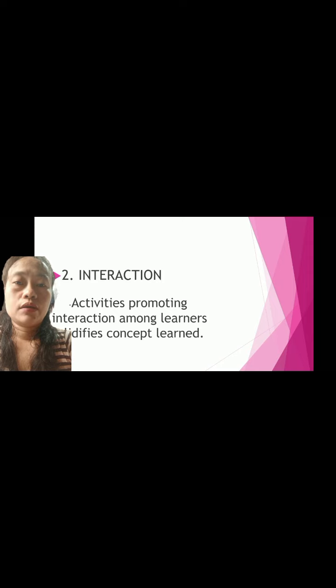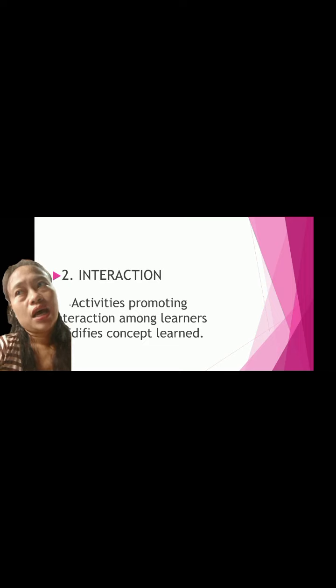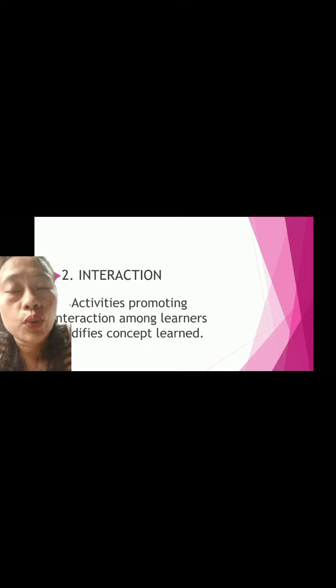The second approach is interaction. In this approach, you allow your student to interact during the learning process, like having a question and answer, doing the reporting, or even involving them in a debate.